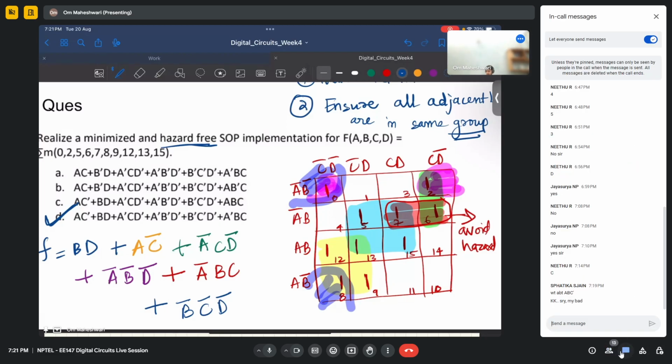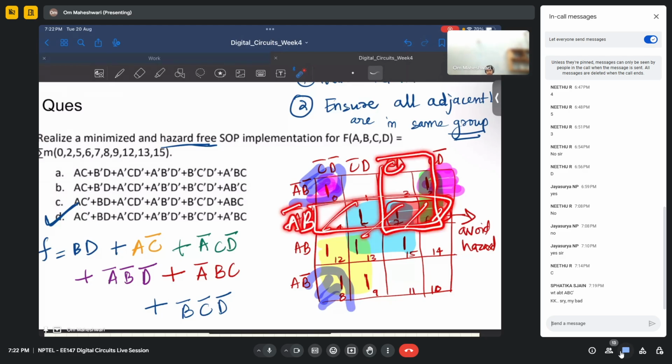Neetu, you are getting C. Is it clear? Where were you making some mistake? To avoid this hazard, we did not group this 7 and 6. Then that value is taken. This whole row is A bar B, and this is C, so C and C are common.